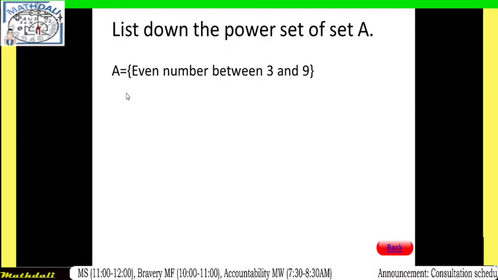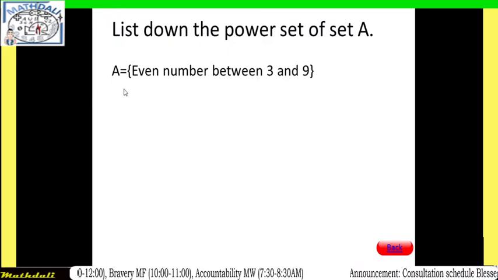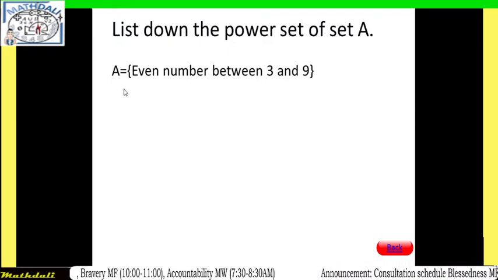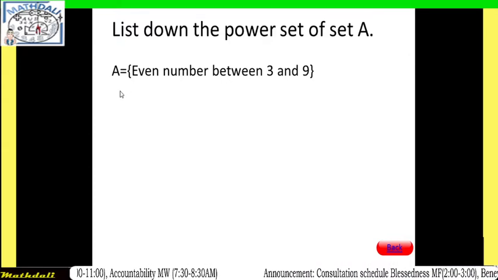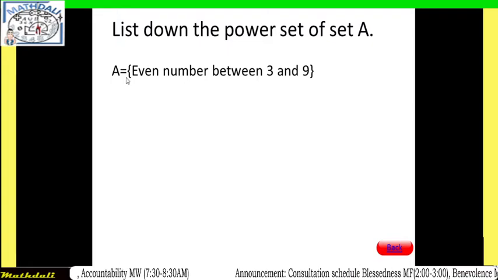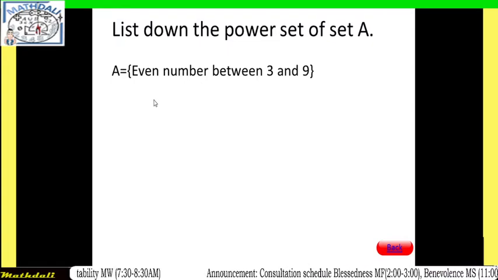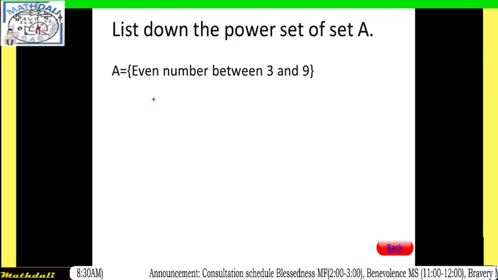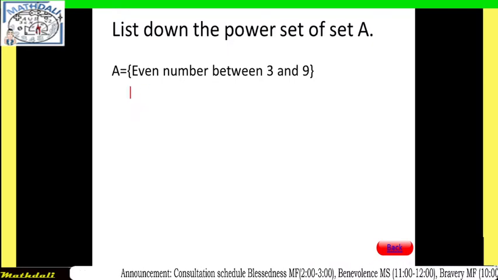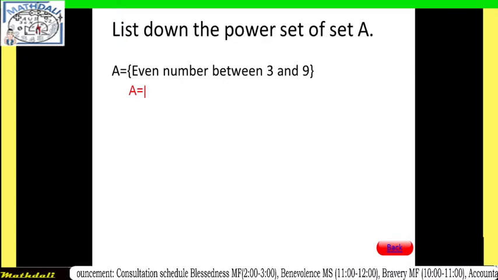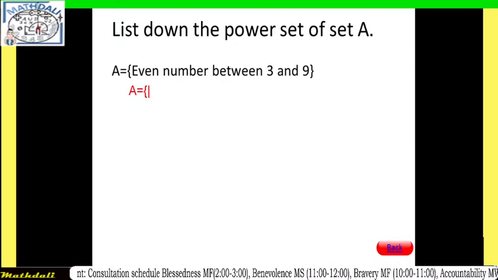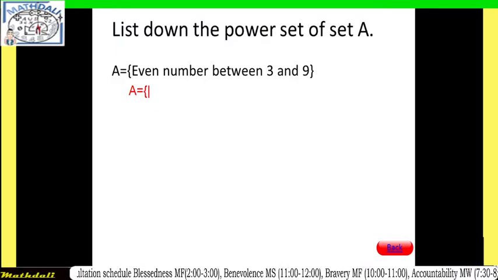To know that, let's first identify the cardinality of the given set. To identify the cardinality of that given set, we're going to illustrate this using the roster form. So, let's express that into roster form. We have set A, and we're going to list down the elements.